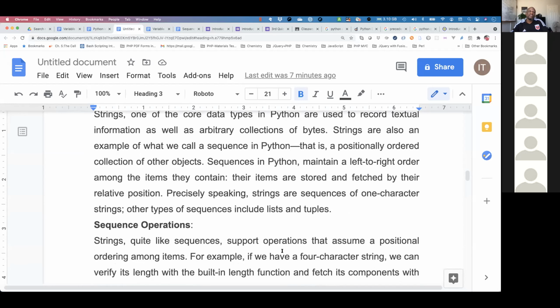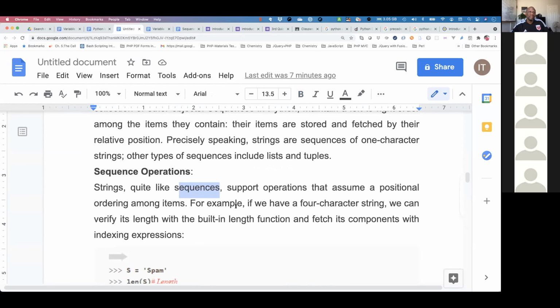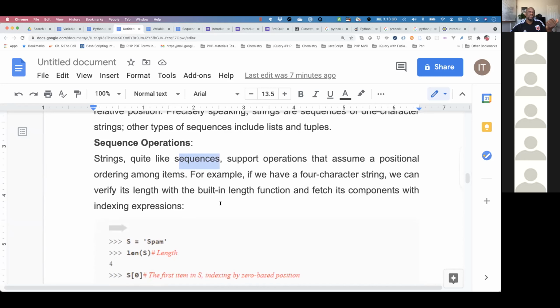So we have the sequence operations. Strings, like other sequences, support operations that assume a positional order, and we'll see this when we go deep into lists, tuples and dictionaries. For example, if you have a four-character string, you can verify its length with the built-in function len, and fetch its components with the index.